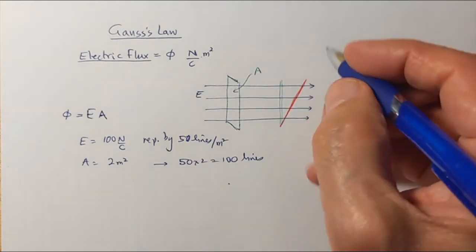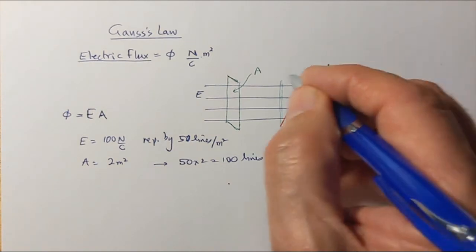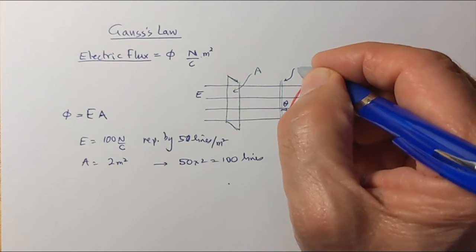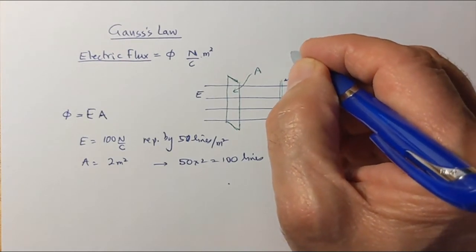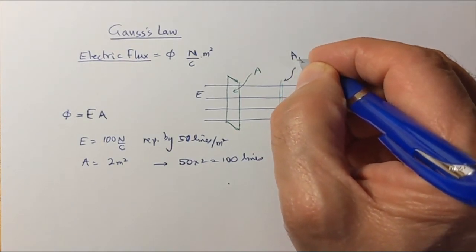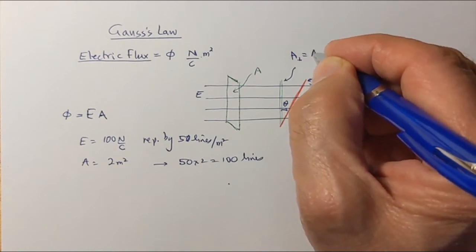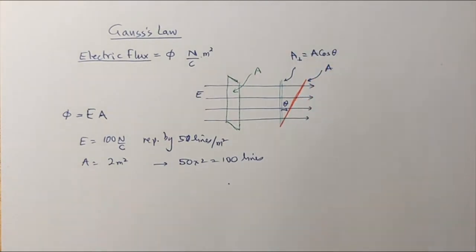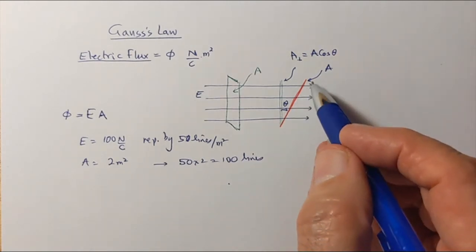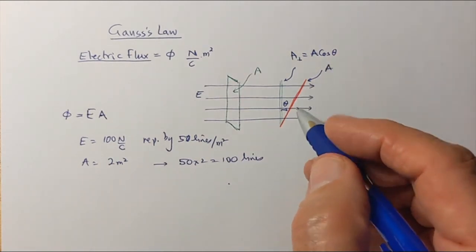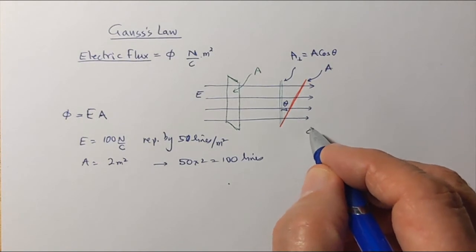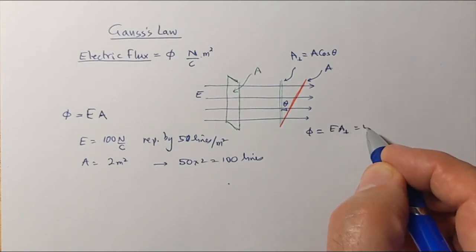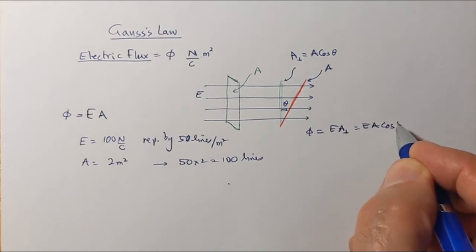So this area is A, and if this angle is theta, the projected area, A perpendicular, is going to be A cosine theta. And therefore the electric flux in this case through this area is going to be E times A perpendicular, or E A cos theta.